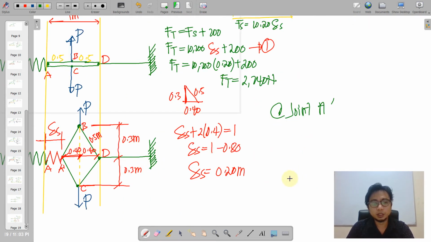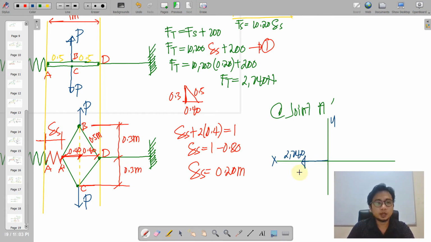So at joint A prime, we have, say this is y and x axis. Okay. So we draw the force on the spring equivalent to 2,240 Newton.